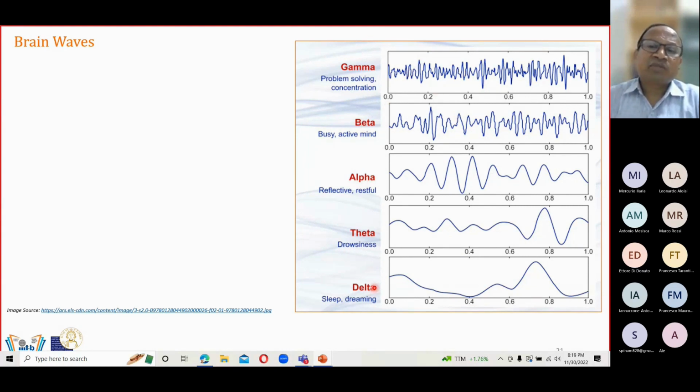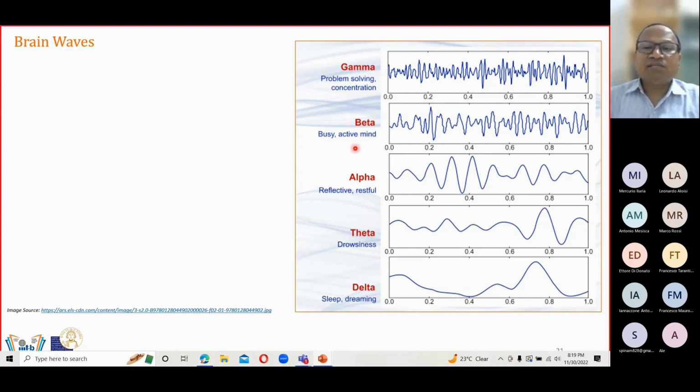But just now I'm trying to tell you what we mean by brain wave and how these waves are utilized in BCI. So look at the topmost, problem solving. When we are engaged in problem solving, in deep thinking, concentrating on a particular subject, object or topic, that time the gamma waves are generated.